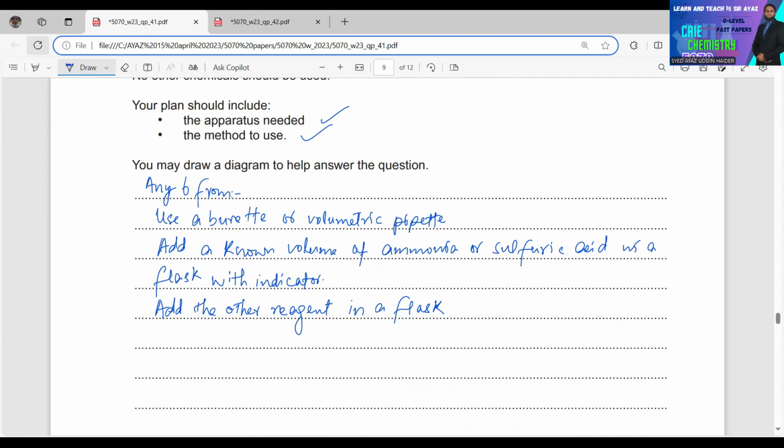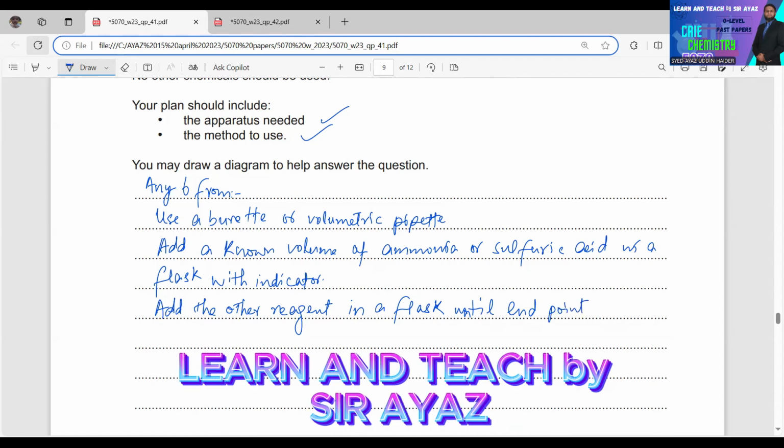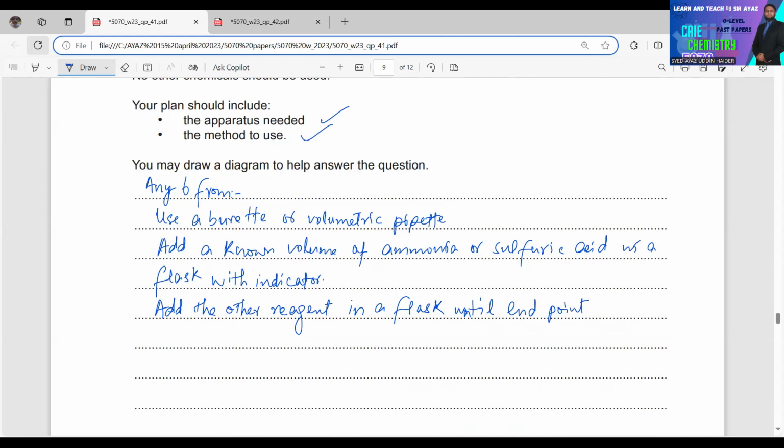Until color change or until end point. If you have used a specific indicator, you can mention the change in color, like if you have used methyl orange, but then you have to name the reagent also.